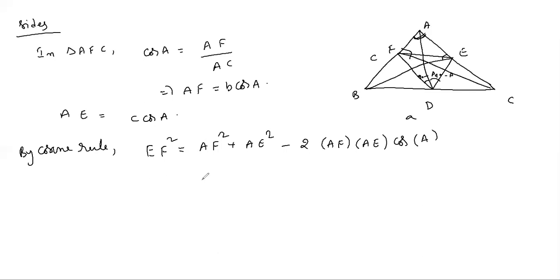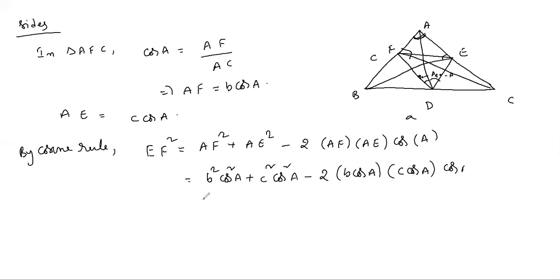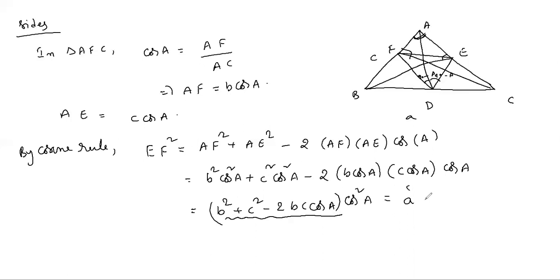So AF square is b square cos square A, plus AE square c square cos square A, minus 2 into AF b cos A, AE c cos A, into cos A. From this you can take cos square A common, remaining b square plus c square minus 2bc cos A. From the cosine rule, b square plus c square minus 2bc cos A is a square. So a square cos square A is EF square.